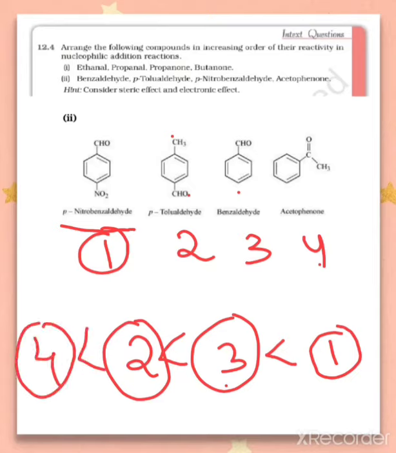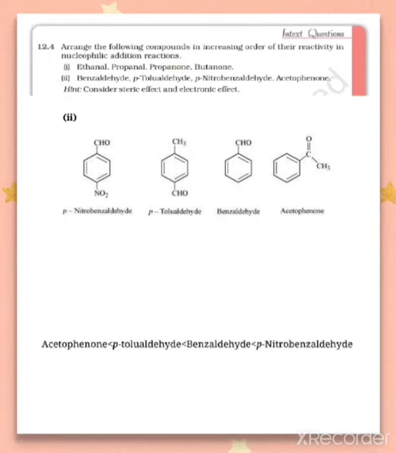So this is the correct order. When we check the answer given, paranitrobenzaldehyde is the most reactive, then benzaldehyde, then paratoluene, and the least reactive is acetophenone. This type of question is usual in the exam, so you need to practice it.